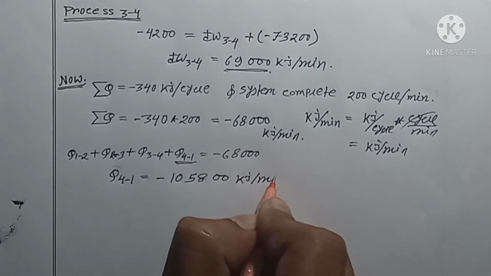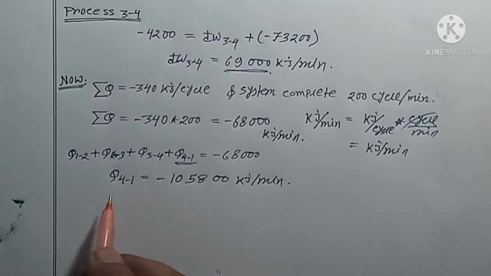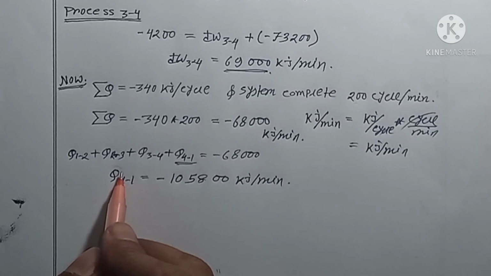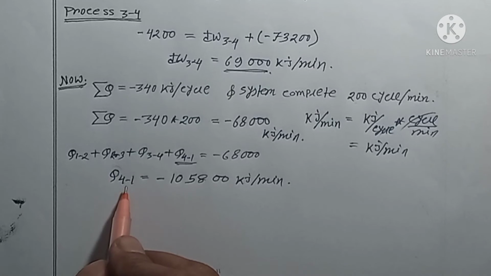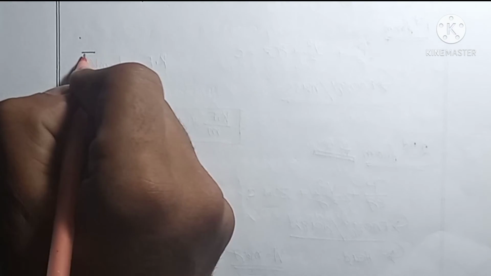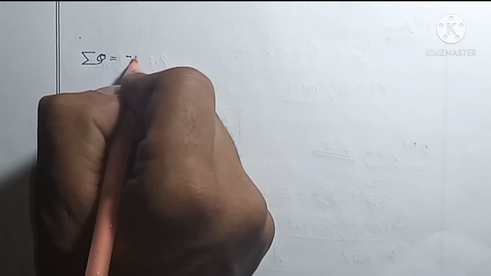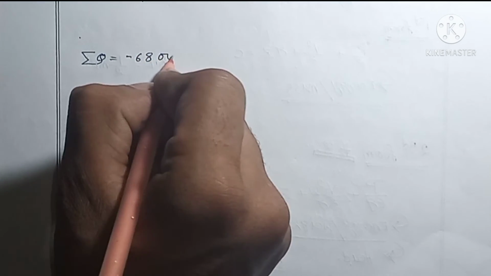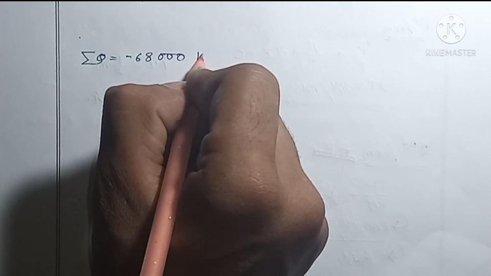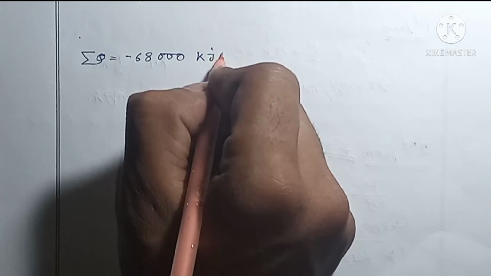kilojoule per minute. Okay, so this is the value of how much heat interaction takes place in process 421. So we get summation of Q, which is nothing but the total heat transfer, as minus 68000 kilojoule per minute.